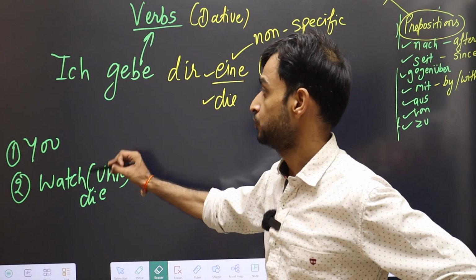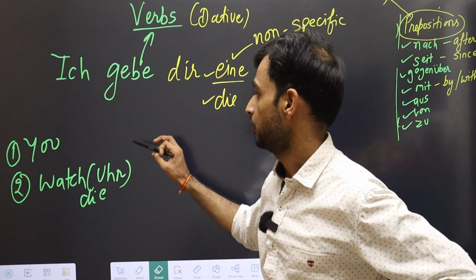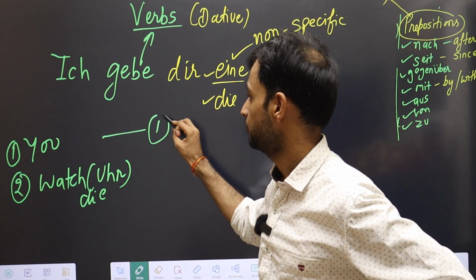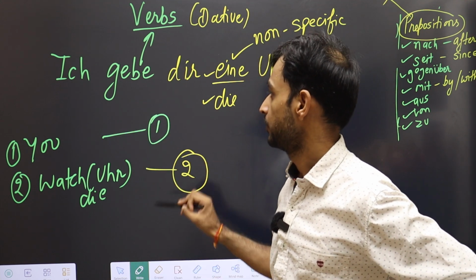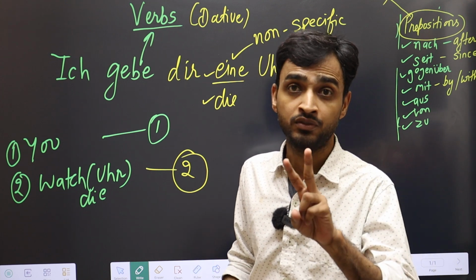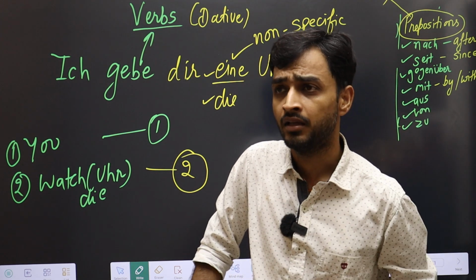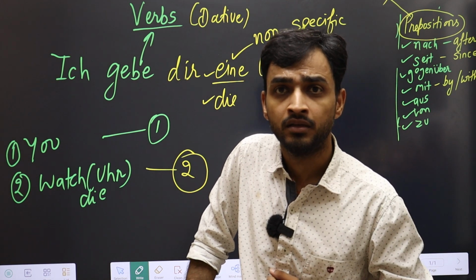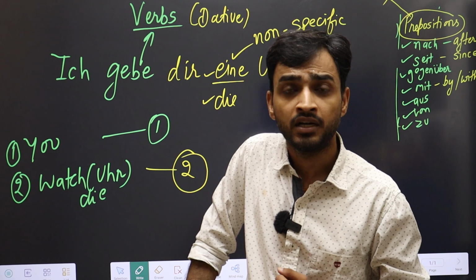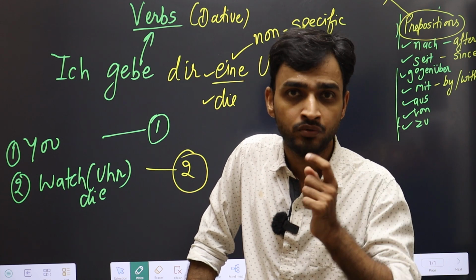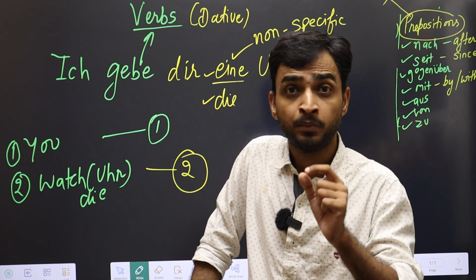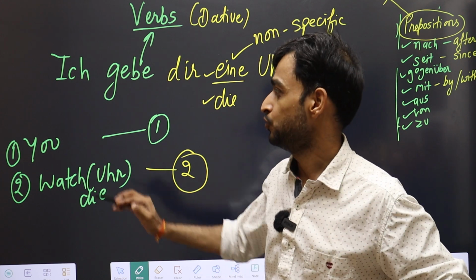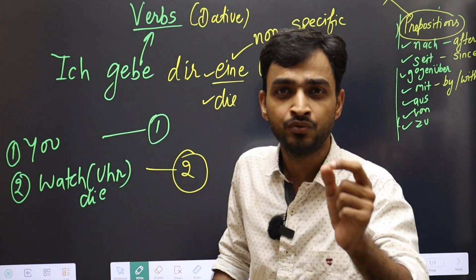Now, about these two things I want to tell you. This is my object 1 and this is my object 2. In the dative case we have two objects always. I give you a watch, like I write you an email. What is dative here? You, because you is a person. A person is always dative. I give you a book.